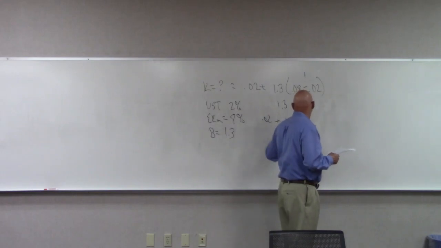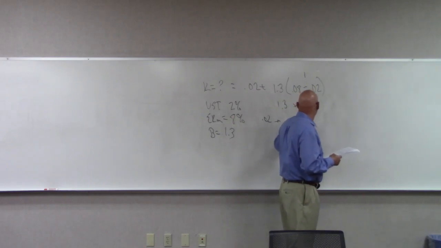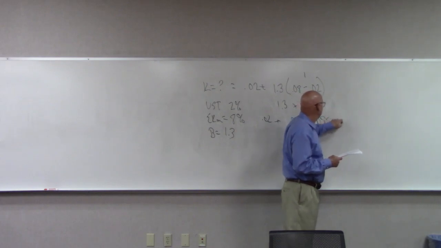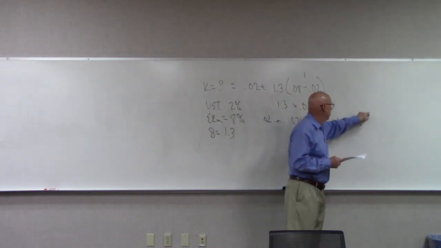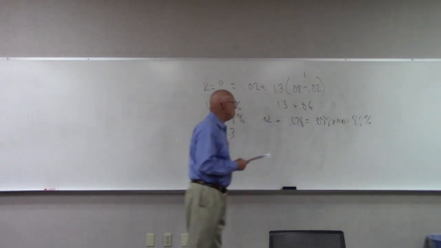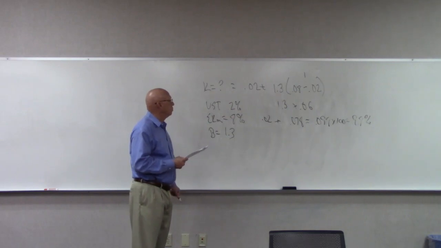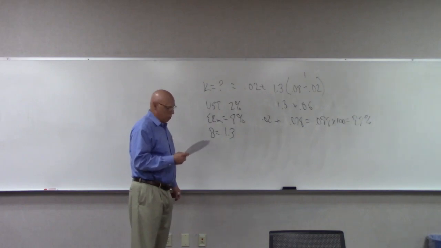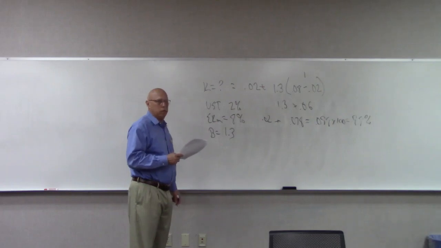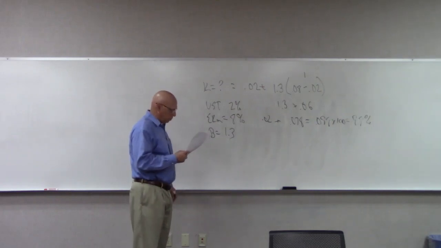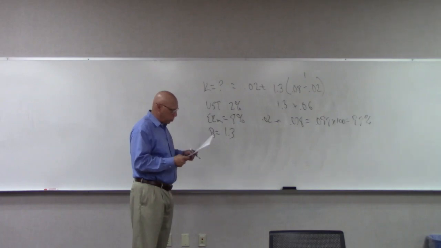Equals 0.098 times 100 equals 9.8%. That's your K. What did you say was 30% more volatile than the market? The stock. Okay, yep, this is beta. What's the beta for the market? 1. Important.